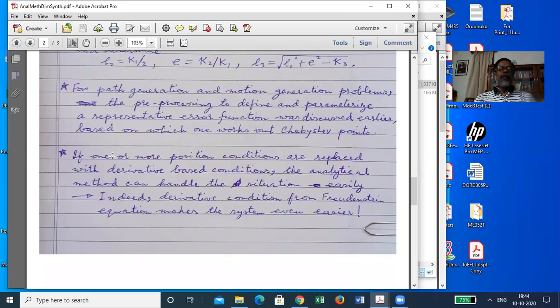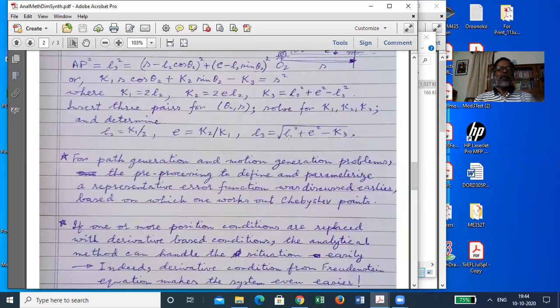Now, here all the three positions were given. If one or more conditions are replaced with derivative based conditions, the analytical method can handle them as easily as anything else. In fact, derivative conditions will become even simpler.